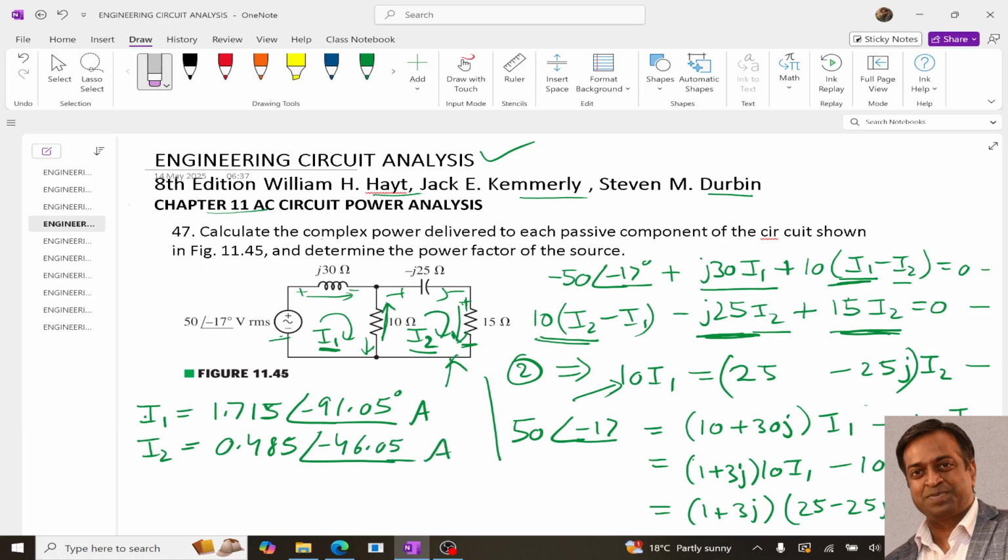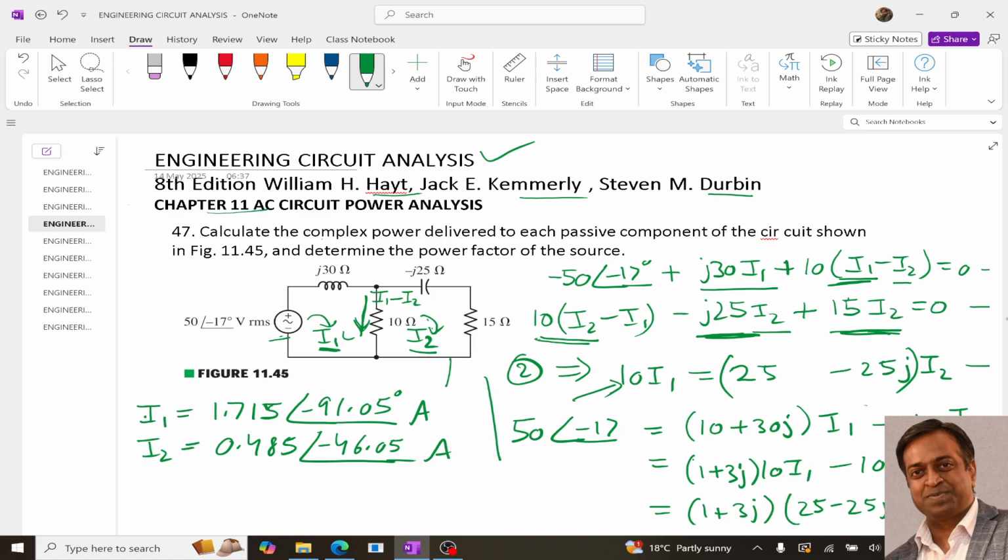Now from this we can also determine the current flowing through this 10 ohm, right. So if we take the direction of the current in the downward direction, this will be I1 minus I2, right?